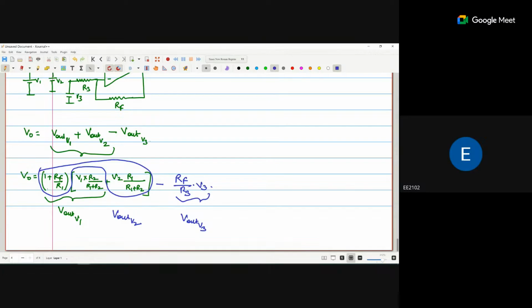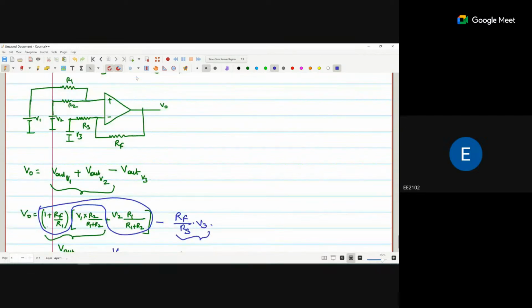You can try to solve this question also. You will get the same formula. You can try to solve this question.